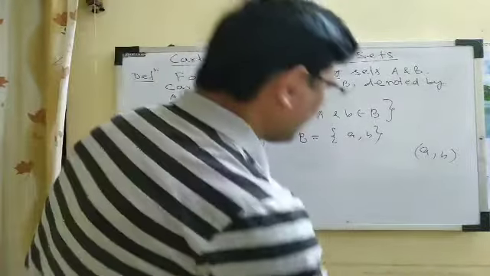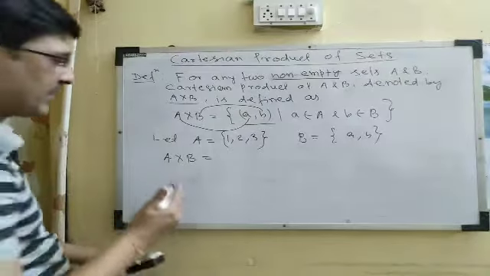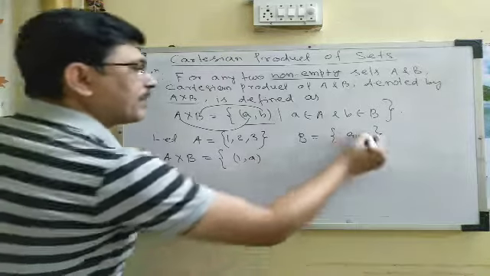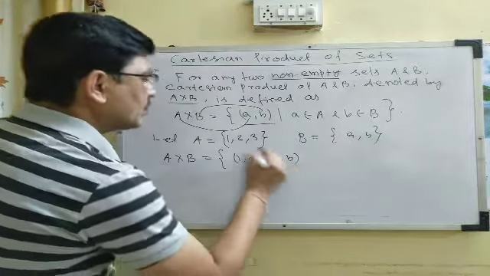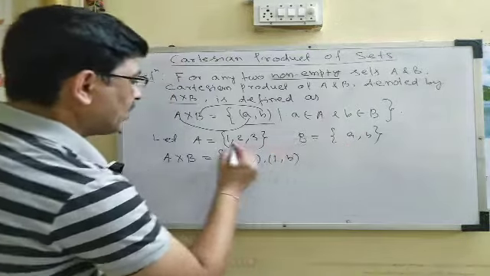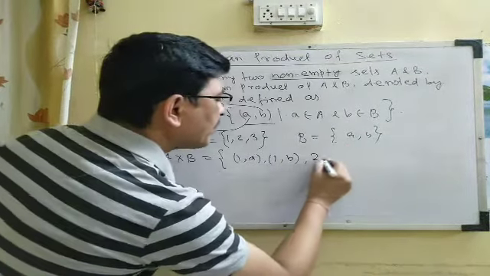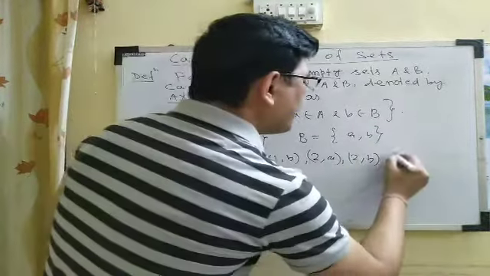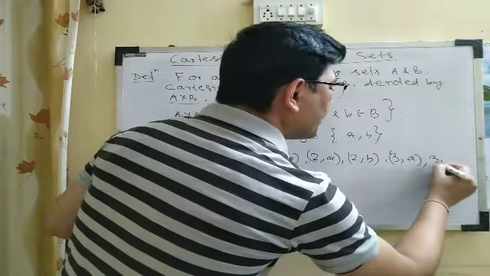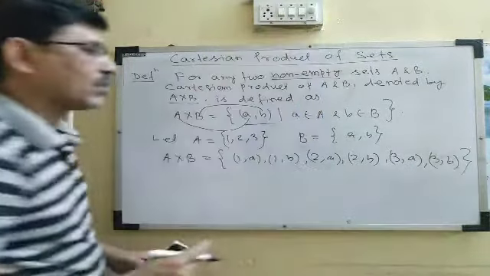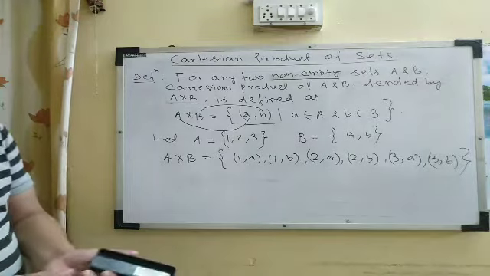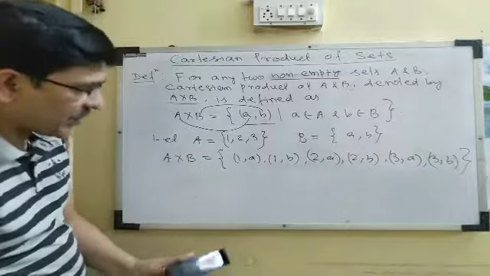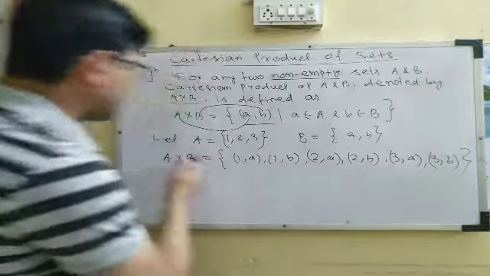So let us collect all such possible pairs: (1,a), (1,b), (2,a), (2,b), (3,a) and (3,b). Okay, other than this we cannot take any other element, so all elements are done. So (1,a), (1,b), all possible. These are all the possible ordered pairs. So the collection of these all possible ordered pairs is known as A cross B.